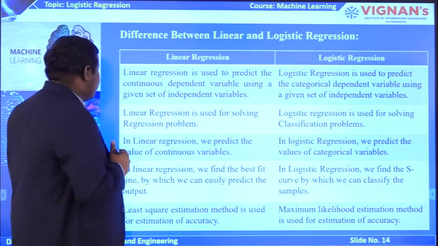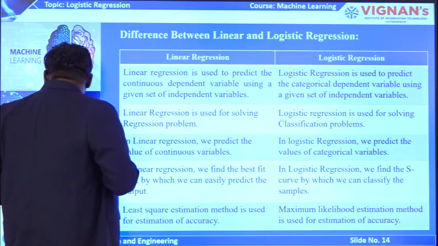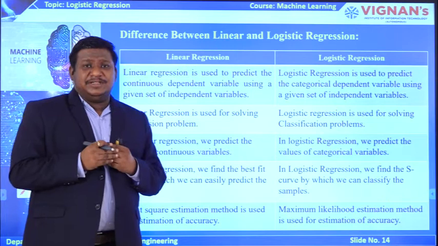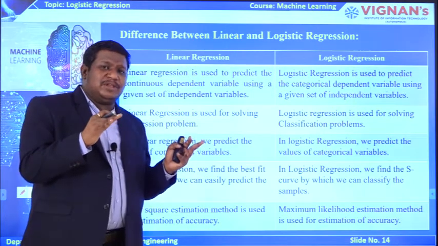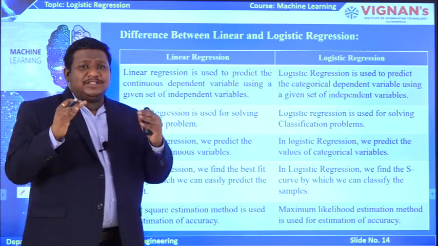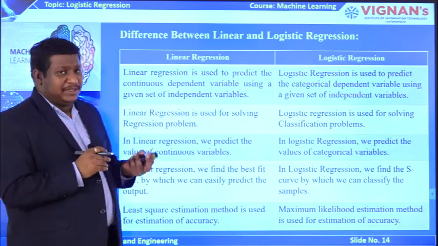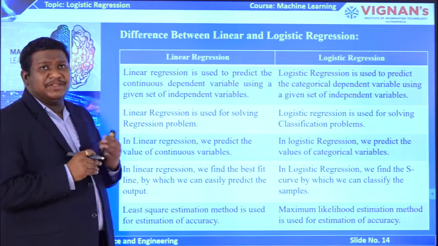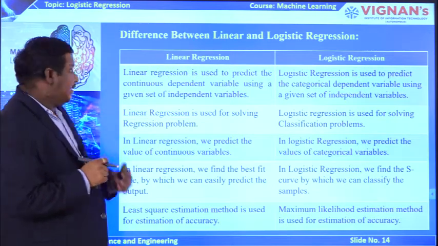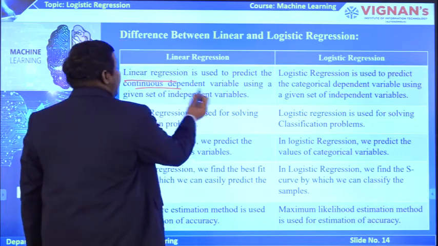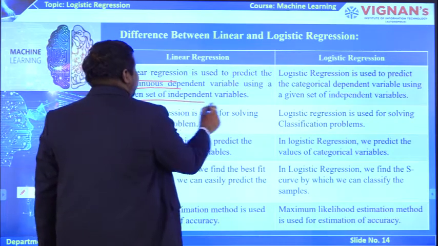Now, coming to the important thing: the major differences between linear regression and logistic regression. I told you both are regression models, with very small differences, and both are used in machine learning applications. See here, linear regression is used to predict a continuous dependent variable using a given set of independent variables.